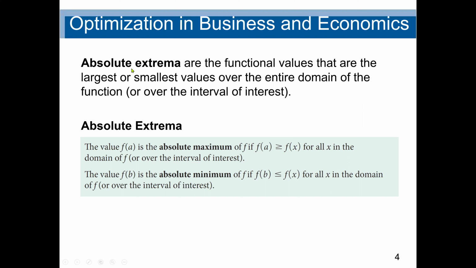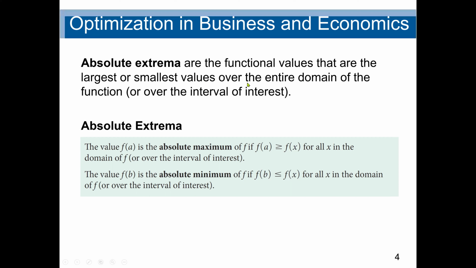Absolute maximum is the most highest, and absolute minimum is the most lowest. Here we say that absolute extrema are function values that are the largest. Again, that's the keyword. I may have 2 relative maxima, but the largest one should be the absolute maximum, or the smallest value if it's minimum, over the entire domain of the function.